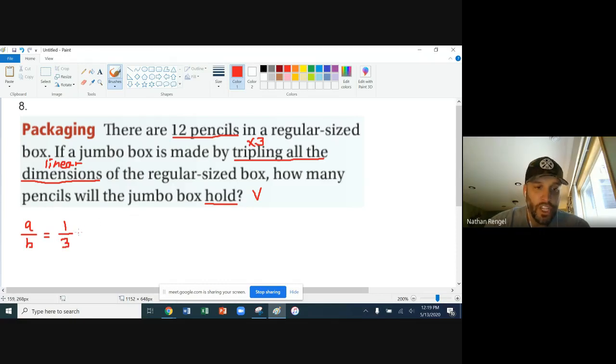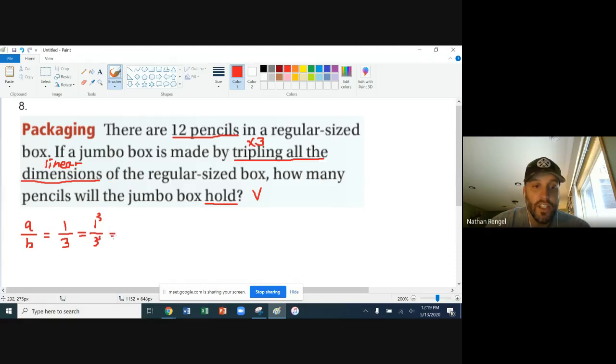Now, whenever we're changing our scale factor to either surface area or volume, we are going to square it or cube it. And here we're going to volume, so we are going to cube our scale factor. So we're going to cube 1, we're going to cube 3.